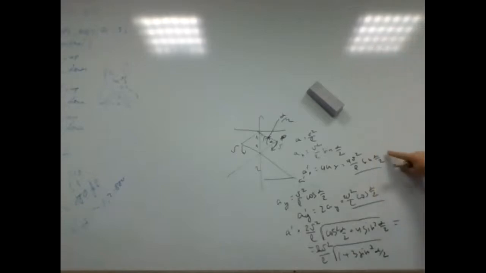I think just what we need to do is substitute v square L with v, and then sine with cosine and cosine with sine. Is that right? Yes, I think so.